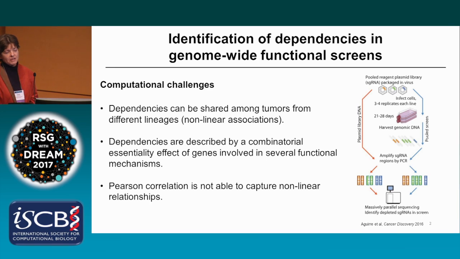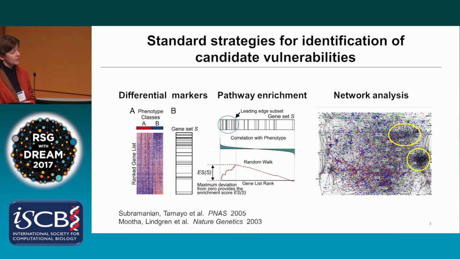Another challenge is that dependencies are, in general, described not by only one functional mechanism, but by a combinatorial essentiality effect of genes which are involved in multiple mechanisms. And in general, the methods which are based on linear analysis, like Pearson correlation, are not always able to capture nonlinear relationships, and they are not always suitable for working on these types of data.